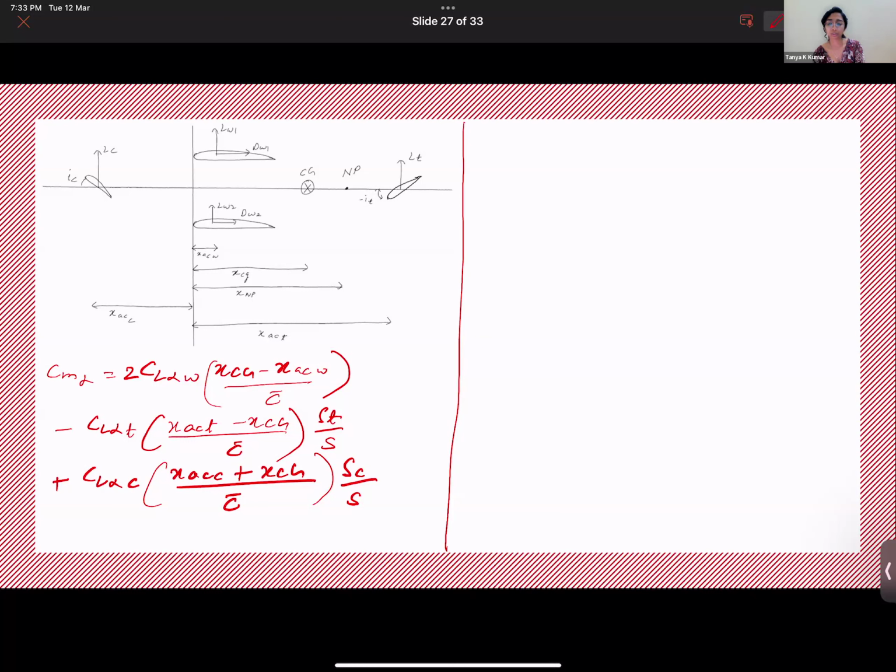What is the next step towards finding out the equation for neutral point? We did this in the previous derivation, right? Making CM alpha 0. Correct.